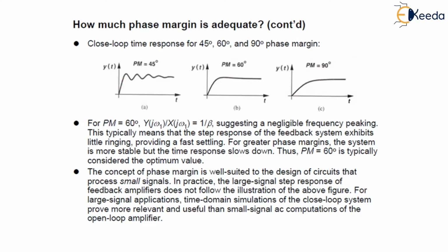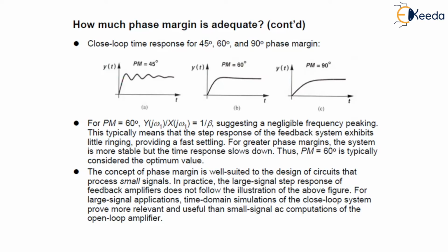Such excursions in fact cause the pole and zero frequencies to vary during the transient, which leads to a complicated time response. Thus, for large signal applications, time domain simulation of the closed loop system proves more relevant and useful than small signal AC computation of the open loop amplifier.